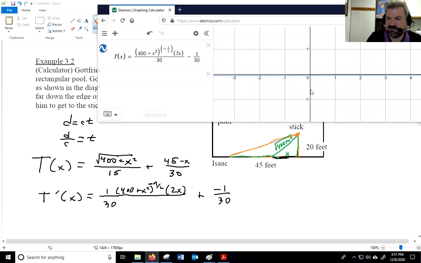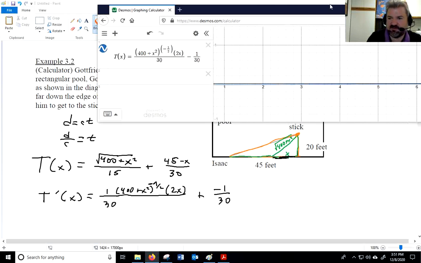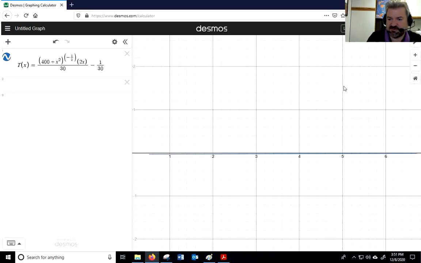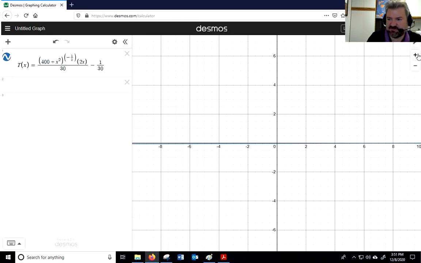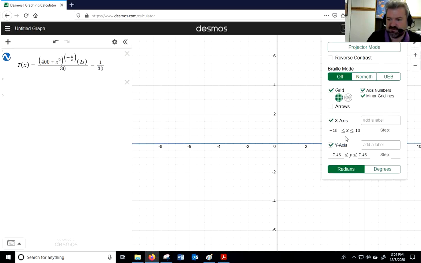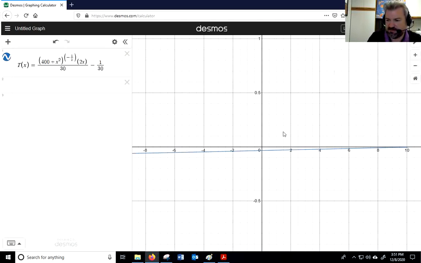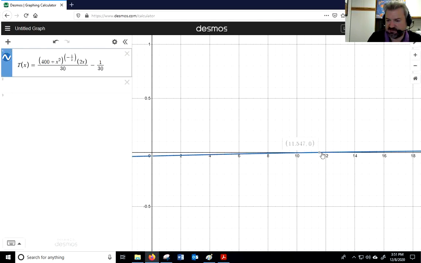All right. Now we can see it's a very flat line, and we're oftentimes very interested just at what's happening at the x-axis. So it makes sense sometimes for us to change our settings to where our y scale is really small. And then we can focus on where that 0 is, and it will show us that it's at 11.547.